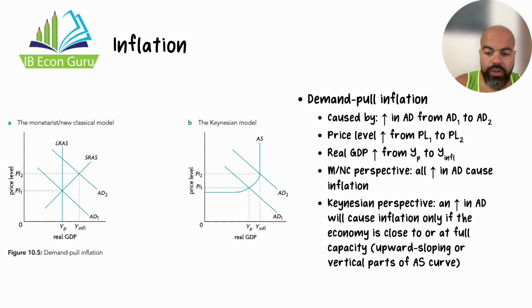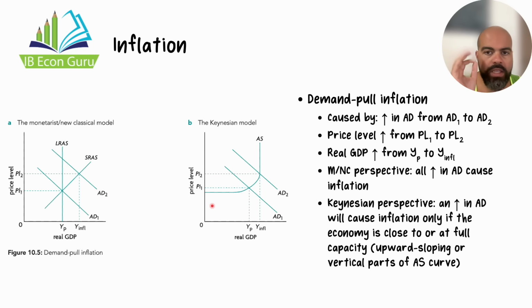Because if you look at the diagram here, if we are operating on the horizontal part, that means there's a lot of spare capacity. There's very high unemployment. If you imagine an AD curve here, shifting to the right to here, that will increase real GDP but will not increase the average price level because it's operating on the horizontal part.